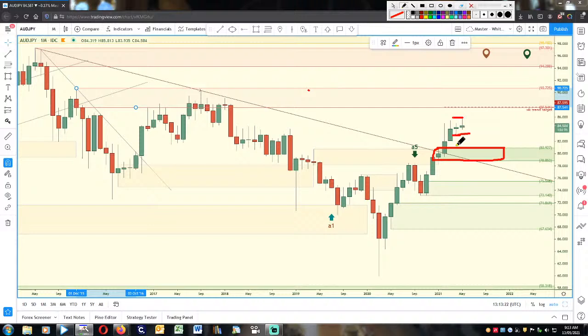These type of candles, basing candles. So price just sits sideways, and now it depends on when the engines are going to be turned back on, what direction they're going to head in. Are they going to head north, or are they going to turn on their engines and head south?